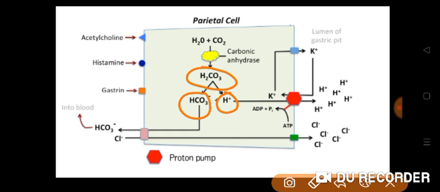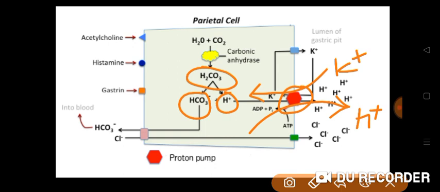With the help of this proton pump, one proton goes out and one potassium comes in to the parietal cell.